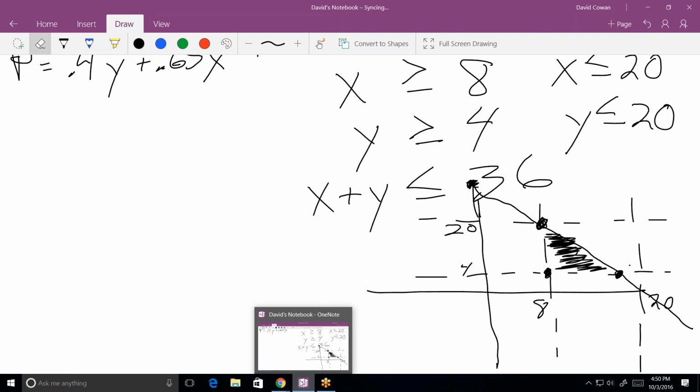What is the coordinate on that point? There's our area. Let's call that coordinate 1, coordinate 2, and coordinate 3, just for talking purposes. What's the x and y coordinate on coordinate 1?